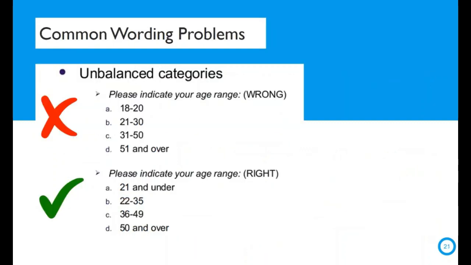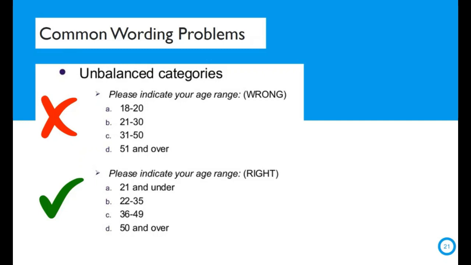All right. Next, I want to share with you some common wording problems. As you can see here, in the first category, I include 18 to 20, 21 to 30, 31 to 50, and 51 and over.